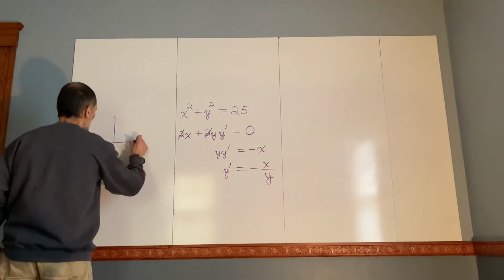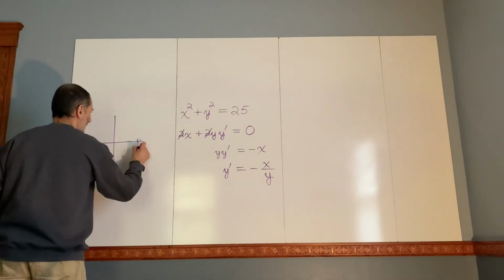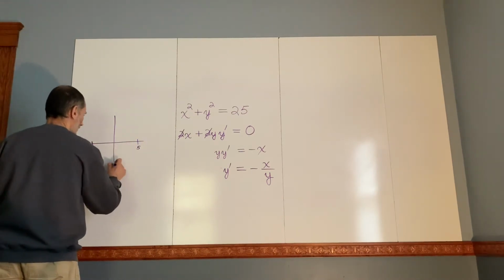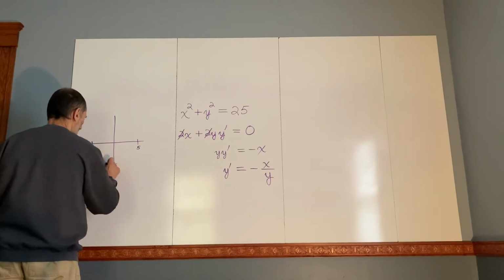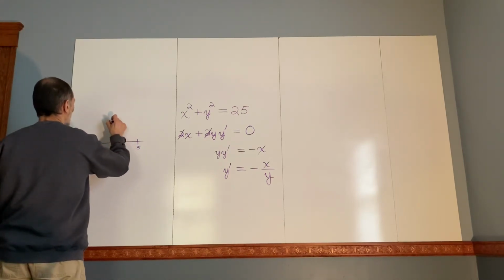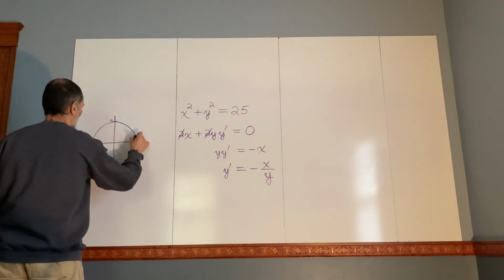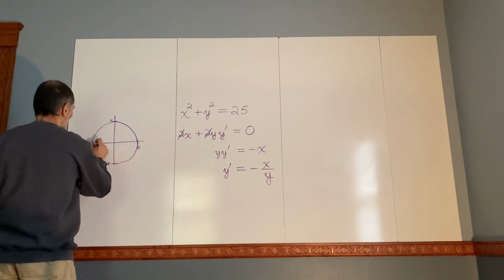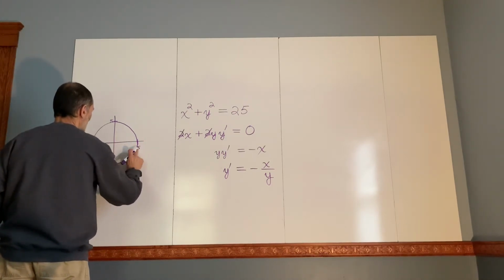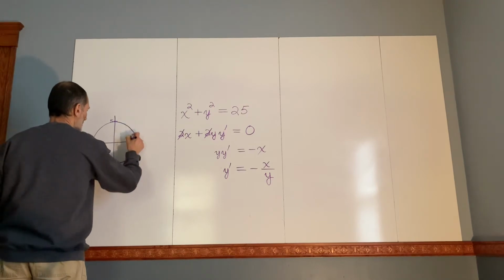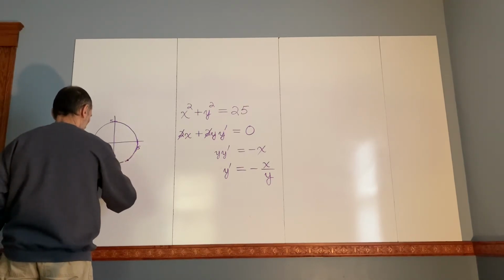Again, that is a circle, radius 5, center at the origin. The line tangent to that at the point 3, negative 4, somewhere around there.